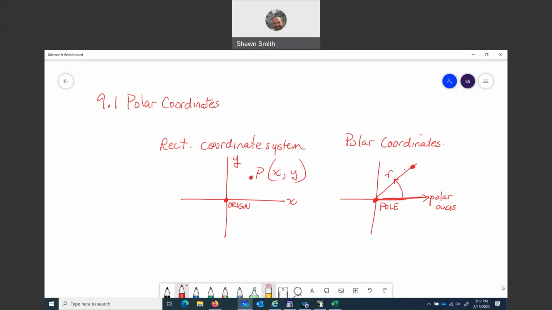When we use x, y's, and r's, it's the same thing. r is the distance from the origin to the point. r is the distance from the pole to the point, same thing. So the coordinates are going to be (r, theta). Unlike over here, where we always started with x and then went to y, over here we're going to start with theta and then travel for r.